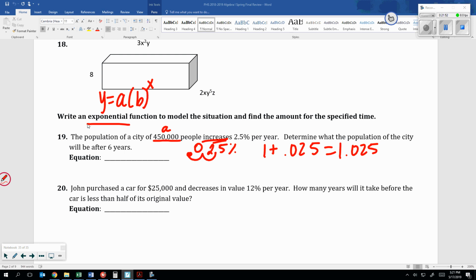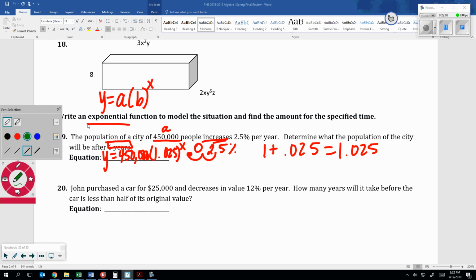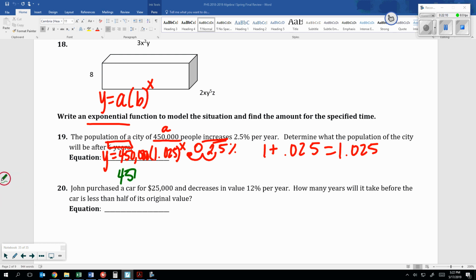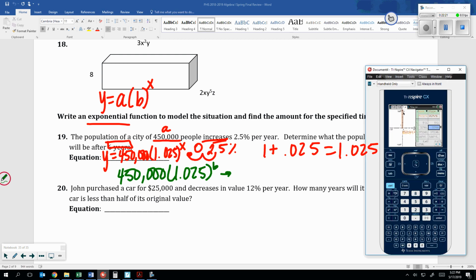So when I write my equation, I have y equals 450,000 times 1.025 to the x power. Now, they want to know after 6 years. So I would plug 6 in for my x value, put it in the calculator, solve, and when I do that, so use a normal calculator.